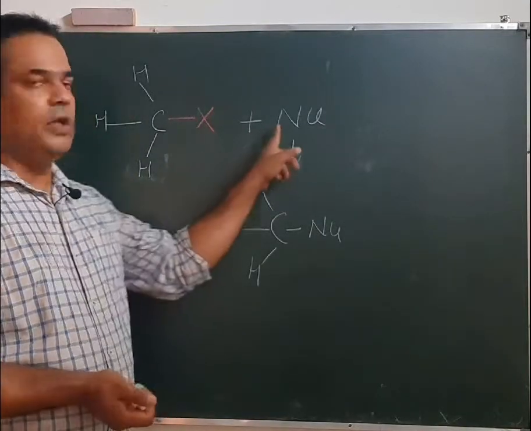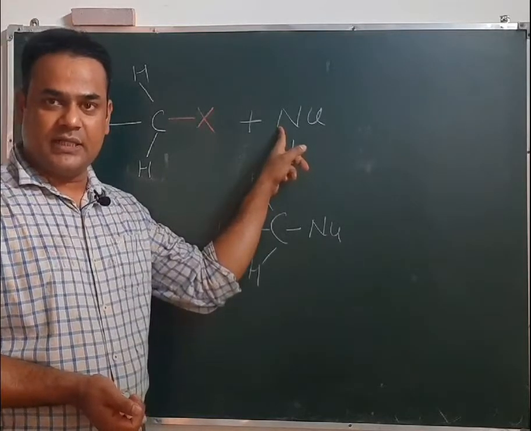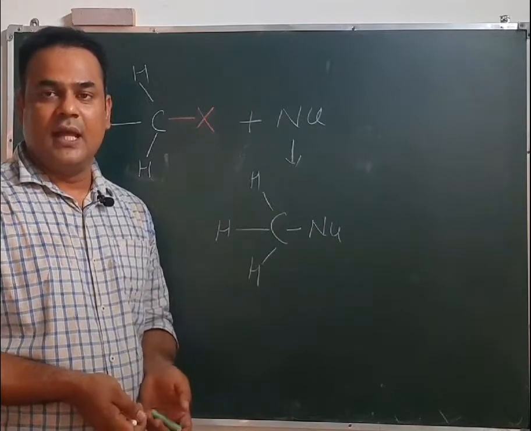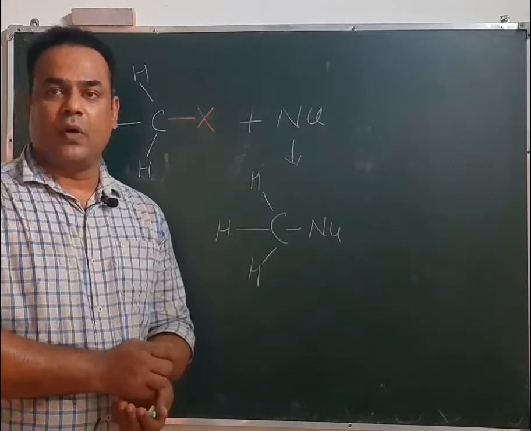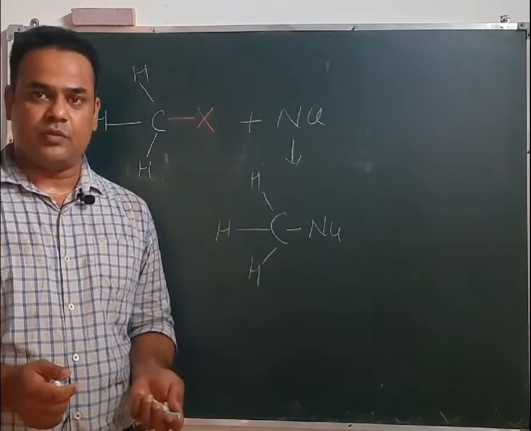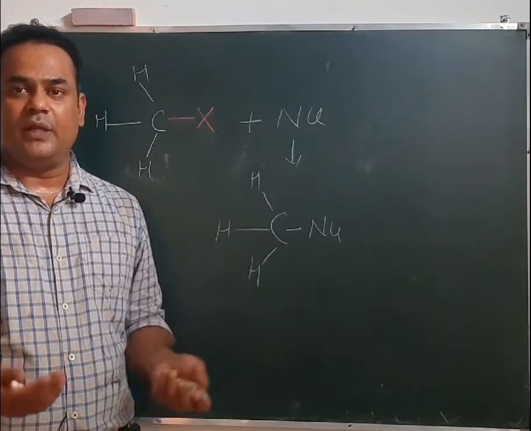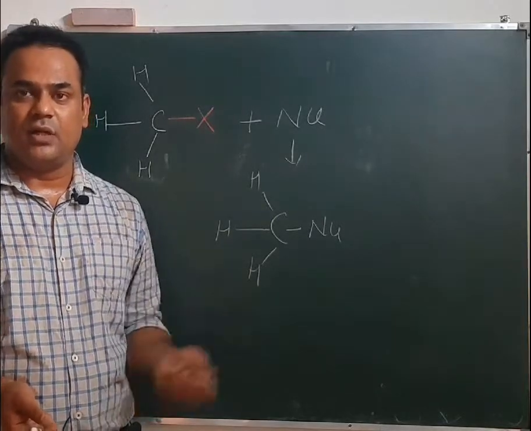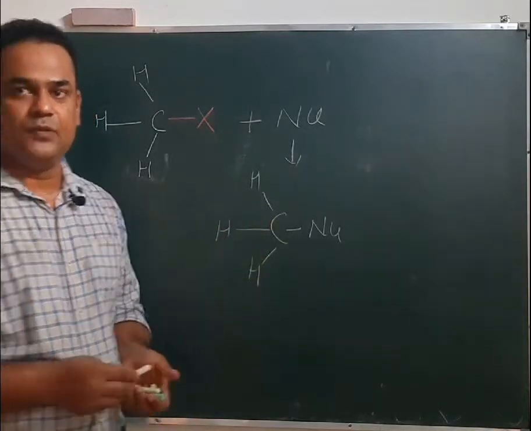Now in place of the nucleophile, we'll take some reagents and discuss which part of the reagent behaves as a nucleophile, and some important nucleophiles involved in nucleophilic substitution reactions. We cannot understand this without knowing the mechanism, so I will discuss those mechanisms here. So let's start.